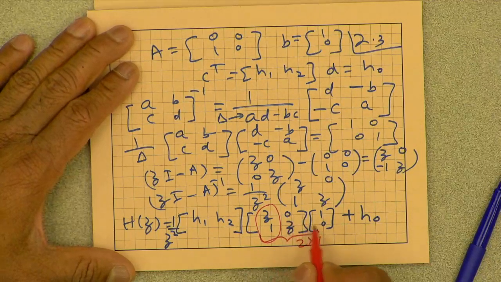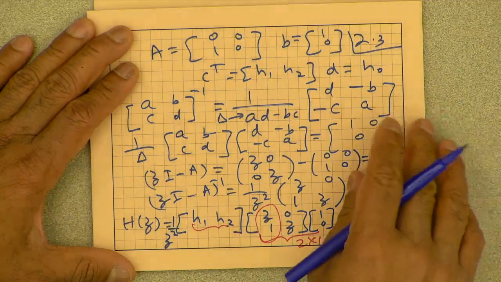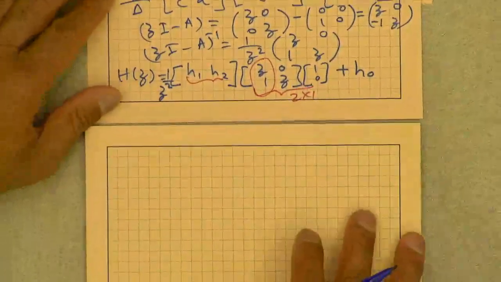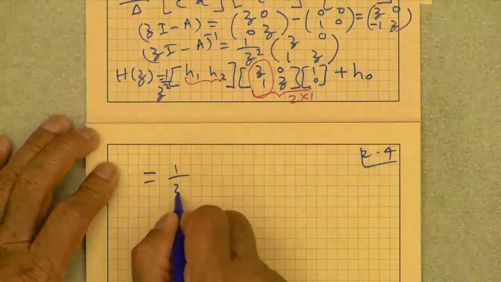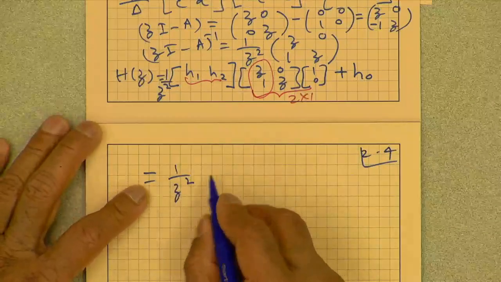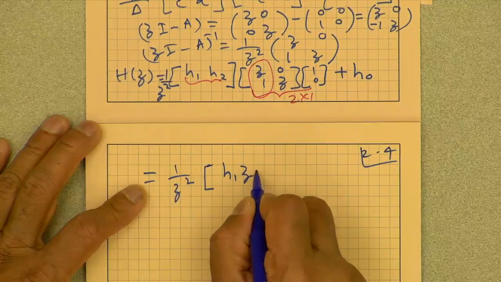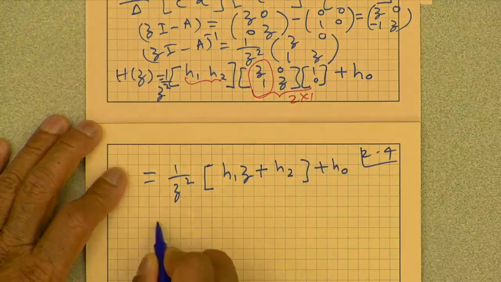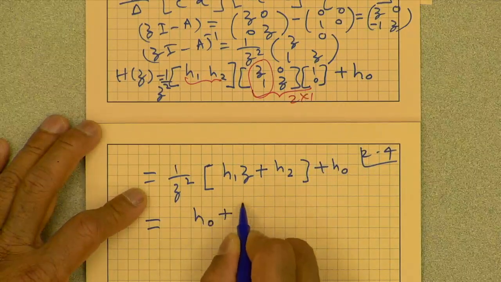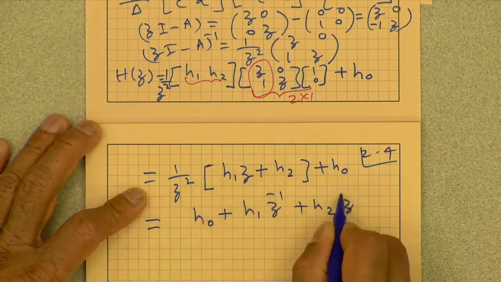So the second column doesn't matter because of that 0, and so you take this row vector and multiply with the column vector, and so we get 1 by Z squared times H1 Z plus H2 plus H0, which can then be written as H0 plus H1 Z by Z squared is 1 by Z plus H2 by Z squared is Z to the power minus 2.